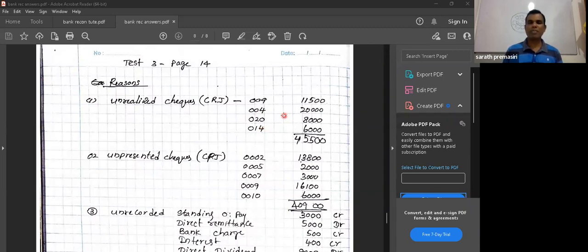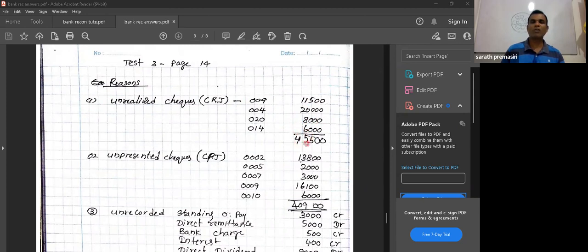Is it correct? Please write it out. Write them out as deposited unrealized checks: 11,500, 20,000, 8,000 and 6,000.